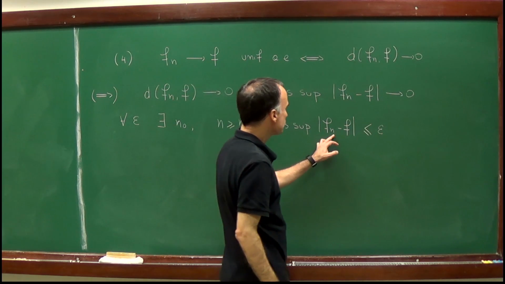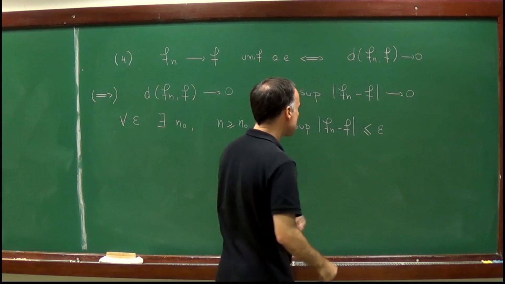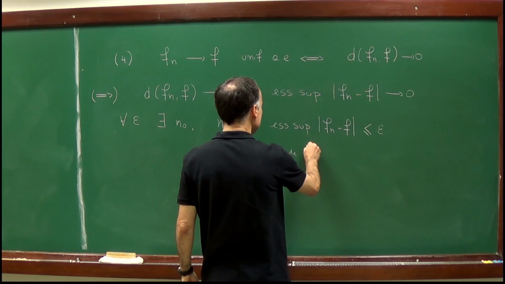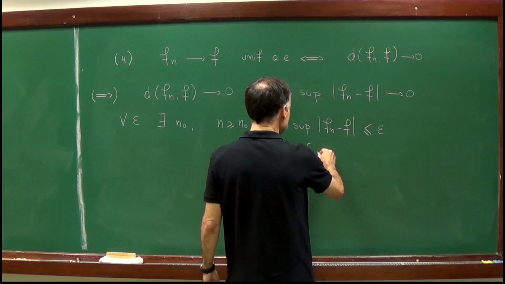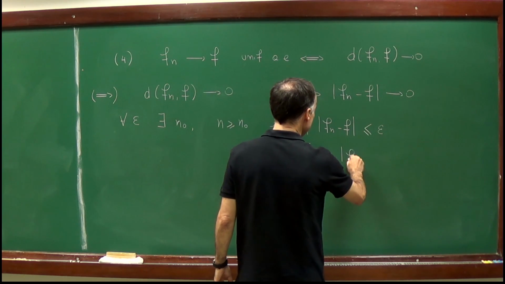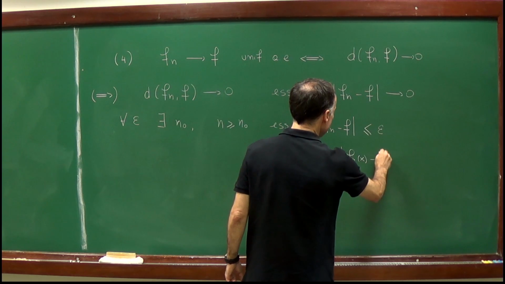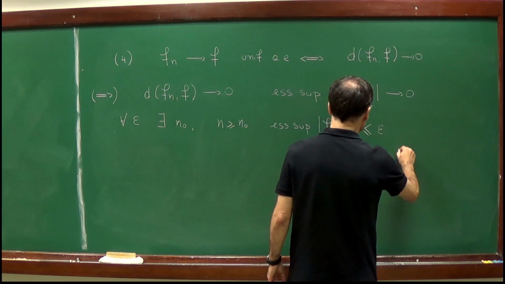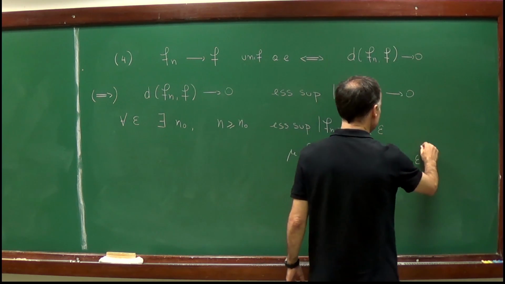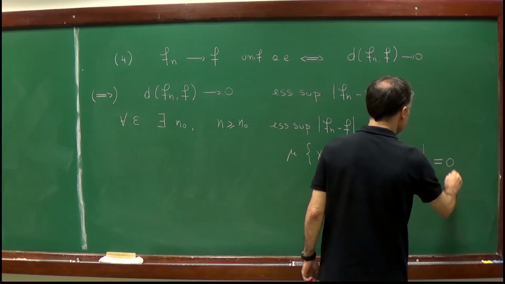But the fact that the essential supremum of Fn minus f is smaller than epsilon means that the measure of the x such that Fn(x) minus f(x) is larger than epsilon has to be equal to 0.